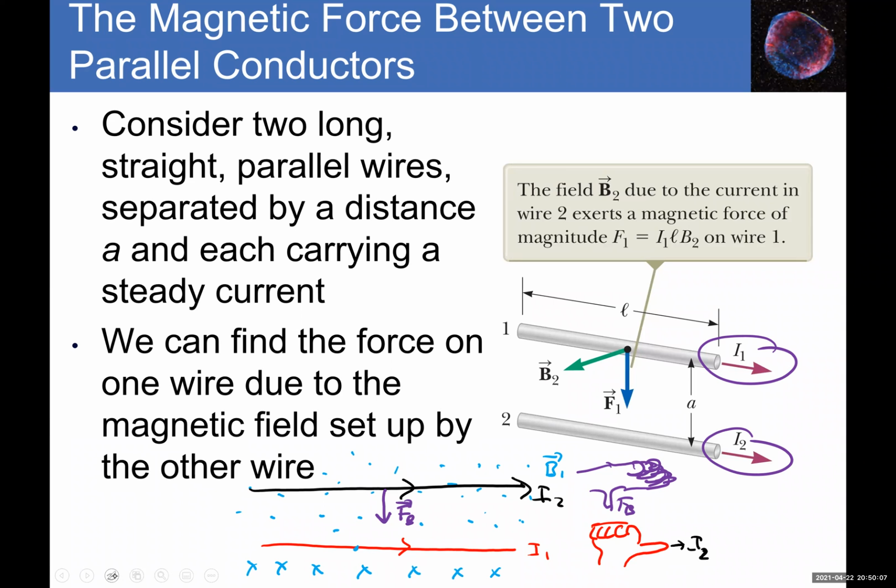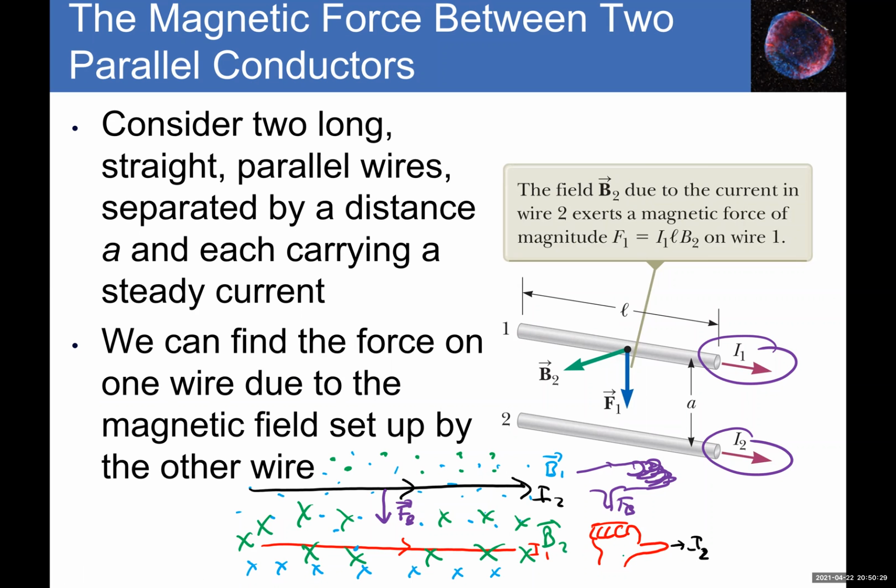Now let me show you how, because there is a current running through wire 2, it generates its own magnetic field, and it's going to be out of the page above wire 2, but into the page below wire 2. That's the magnetic field generated by wire 2.